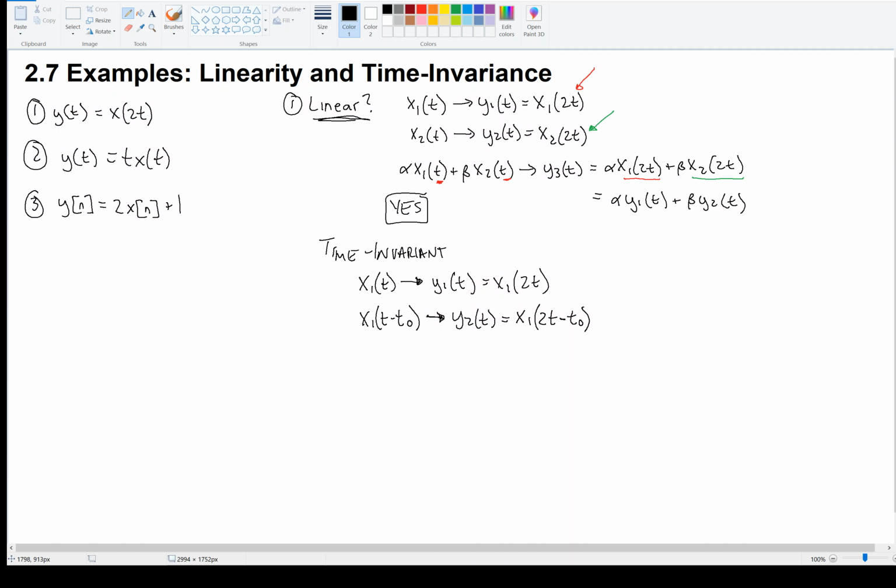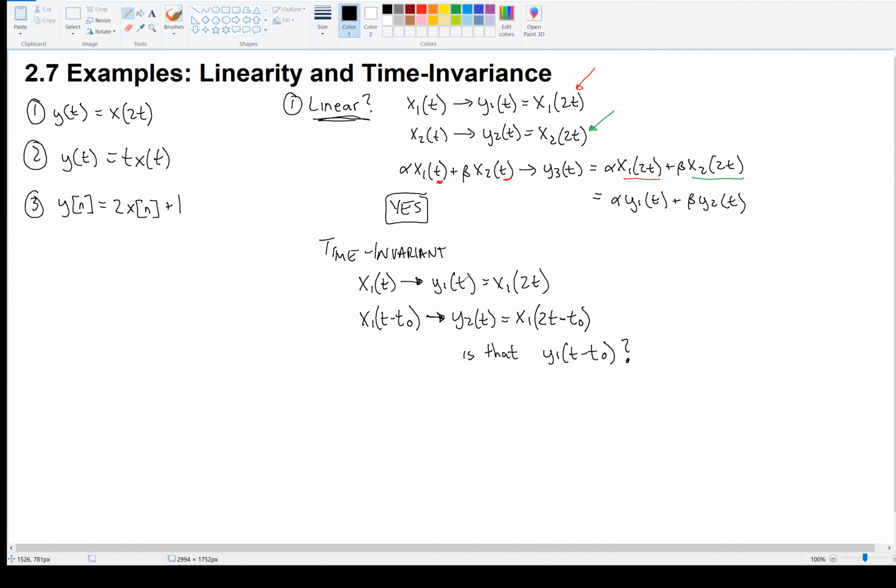Okay, so this is what I get out. And I ask myself, is that y1 of t minus t0? So is that the same shift as in the first experiment?